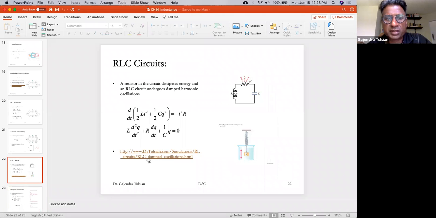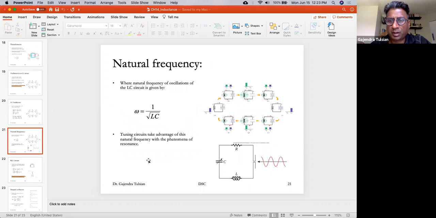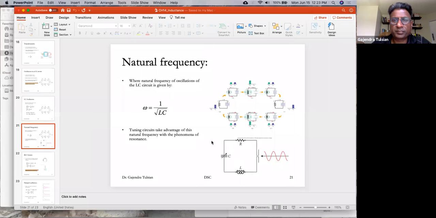So what I'll do is I'll summarize it again. So this was the tuning circuit, and resonance just means that a signal with a frequency that matches the frequency of oscillation of this circuit will drive a large current in this circuit.